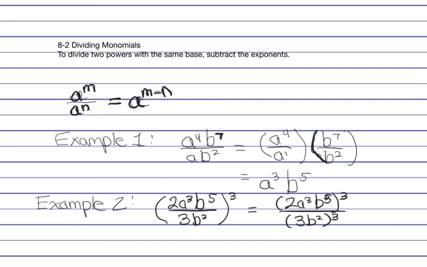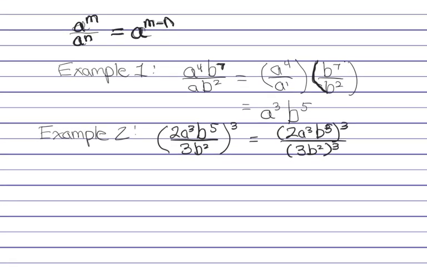Then in my next step, let's do 2 to the 3rd power, which is 8. And then a to the 3 times 3, which would be 9th power, b to the 5 times 3, which would be 15th power, over 3 to the 3rd, which would be 27.